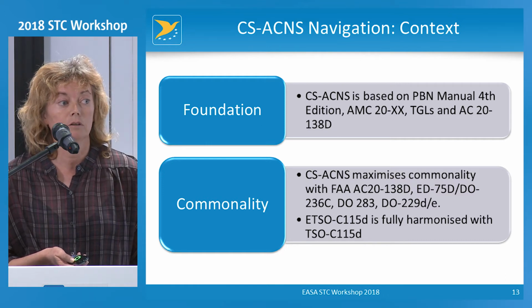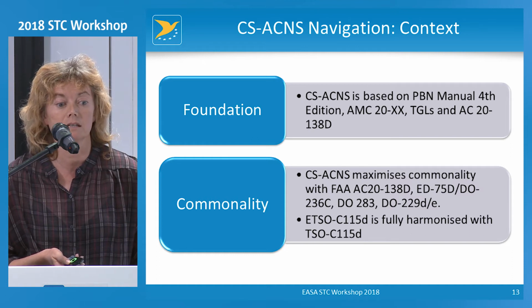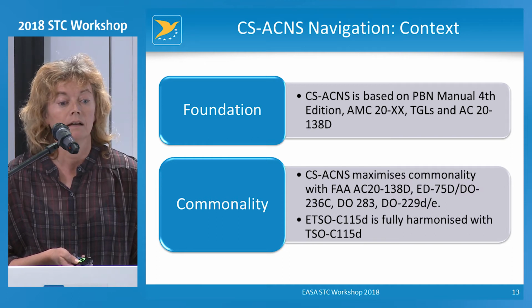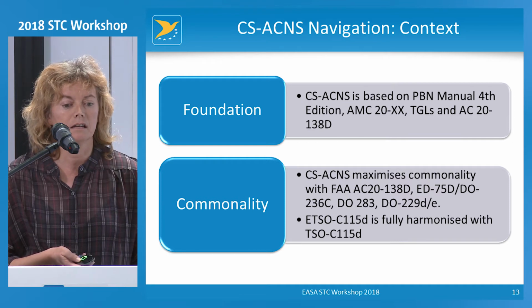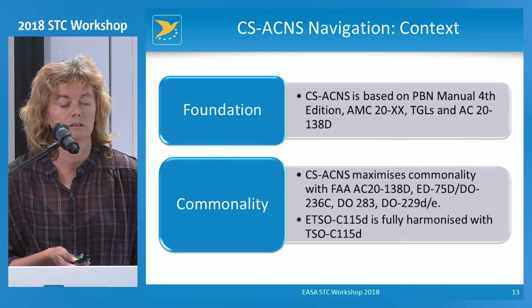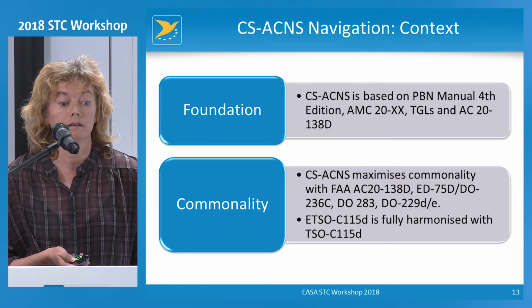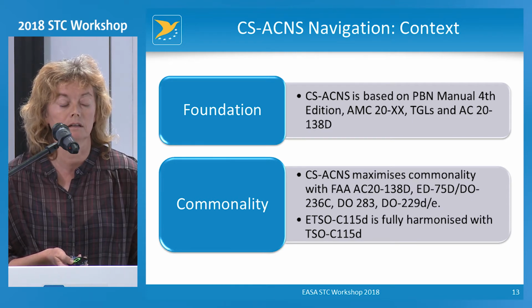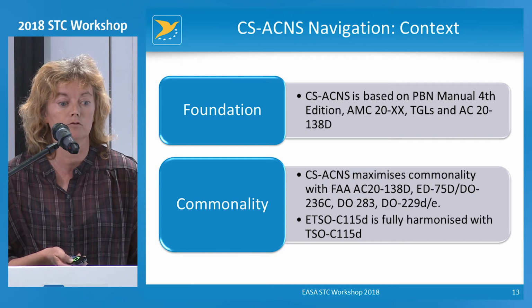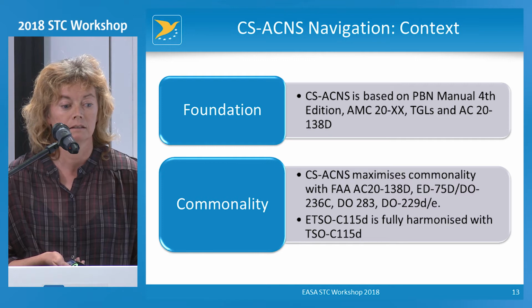The idea is to incorporate this material, at least the airworthiness part, into the CS ACNS navigation part, and it is based on the PBN manual, 4th edition, the TGLs, I suppose referring to TGL 10 and TGL 12, and the AC 20-138D from the FAA. So this is basically what has been used to create the CS ACNS navigation part.